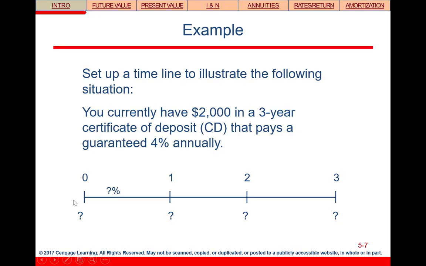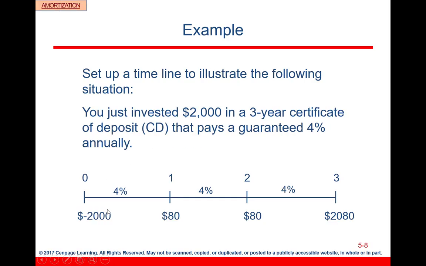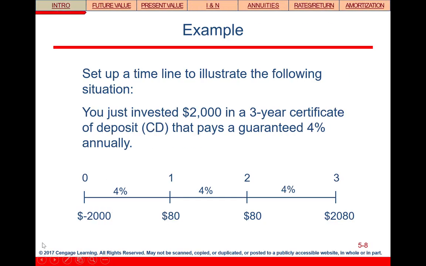So if you draw a 3-year timeline, it's going to look like this, and then you invest $2,000 in the first period. So it's negative $2,000 right now. This is PV, present value, and then every year you see a 4% interest payment, 4% of 2,000, that's $80, right?